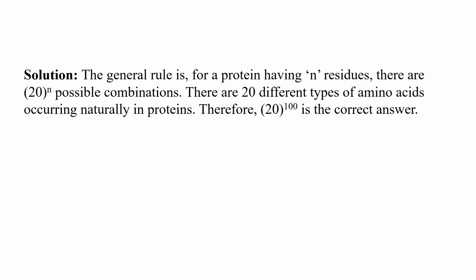If I had only 3 residues, so 1, 2 and 3, any of the 20 amino acids could be the first residue, any of the 20 could be the second, and any of the 20 could be the third. So you have 20 multiplied by 20 multiplied by 20, basically 20 raised to the power of 3.